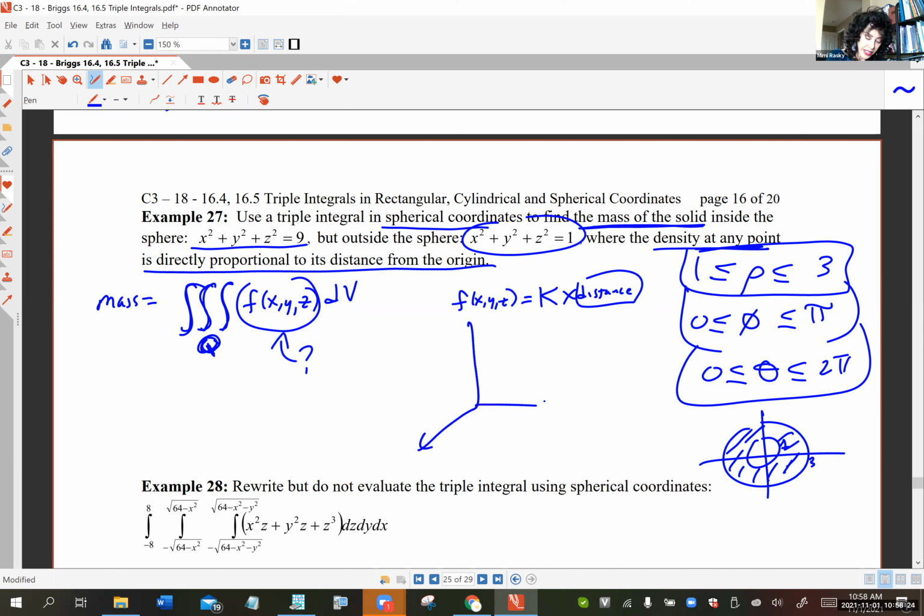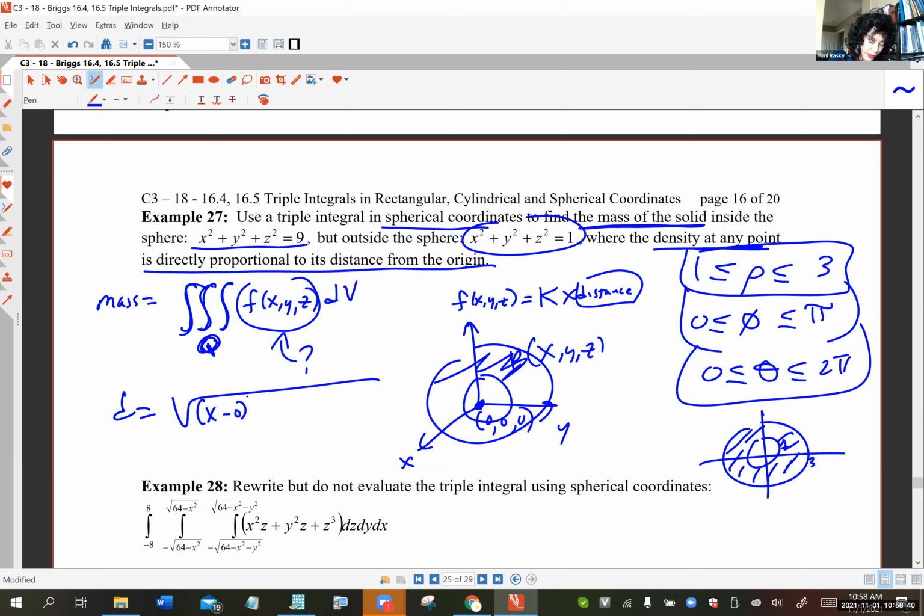If you're in 3D, and you're a point P on this Q region here with coordinates x, y, z, what's the distance between (x,y,z) and the origin? Well, you know from your distance in 3D that we did the very first week of class, the square root of the sum of the squares of the differences between the x, y, and z coordinates. And this is just going to be the square root of x squared plus y squared plus z squared.